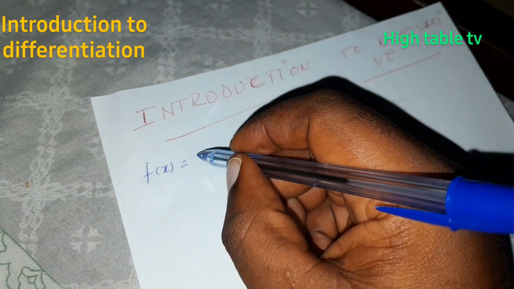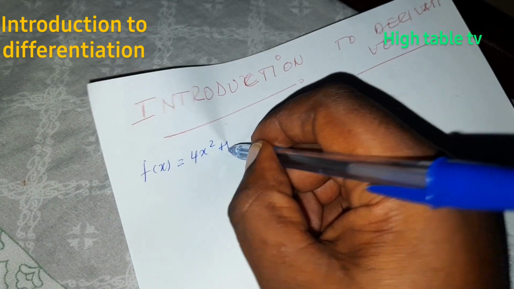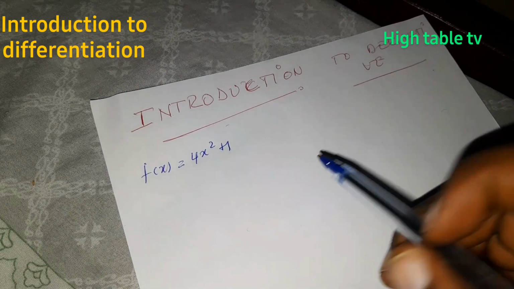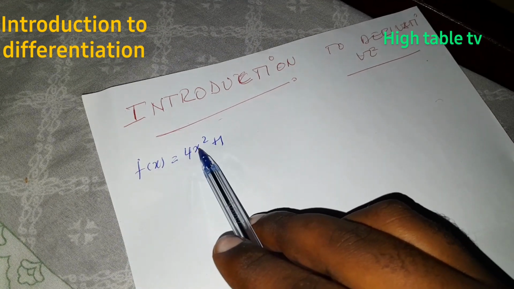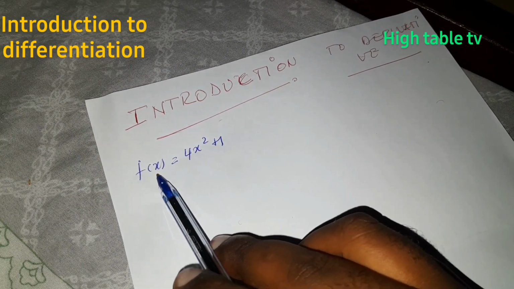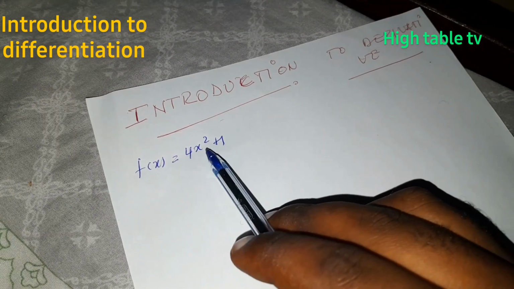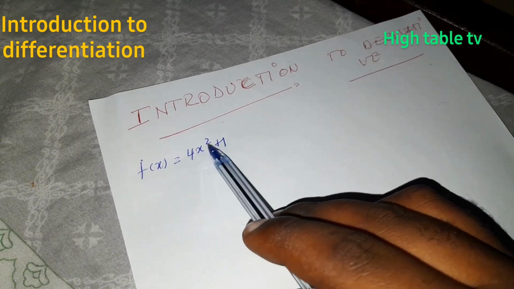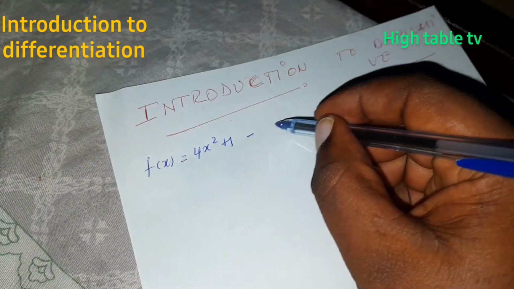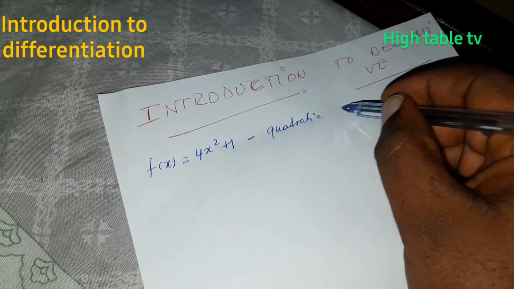For example, if you have 4x squared plus 1, this function contains the unknown variable x, written in the bracket. Also, our function contains the exponent 2, which is why you can call it a quadratic function.